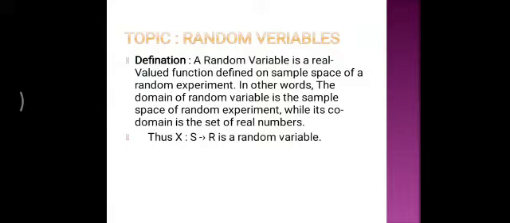Thus, X: S → R is a random variable, where S is the sample space and R is the set of real numbers.